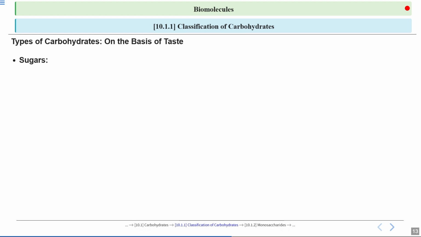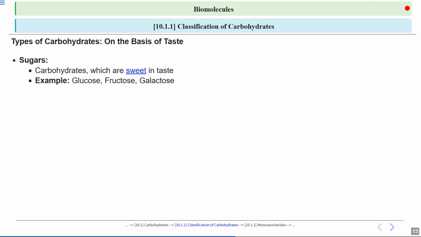First, we'll talk about sugars. Sugars are defined as carbohydrates that taste sweet. This is why things like candy and fruit taste sweet to us. Examples are glucose, fructose, and galactose.